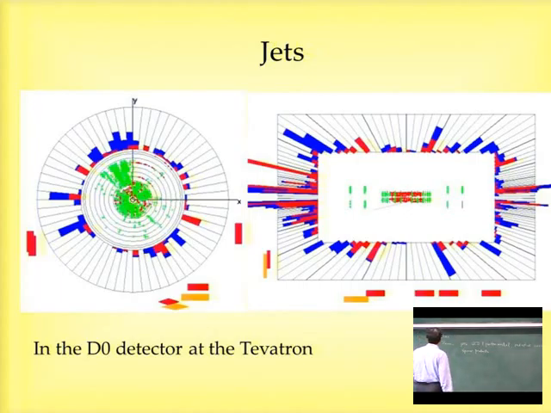We'll then start to look at on-shell methods, and we're going to look at the BCFW recursion relations.